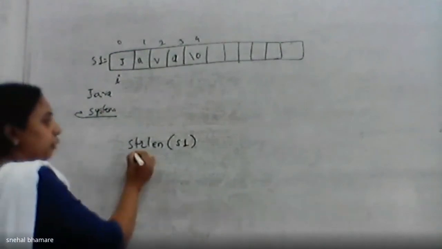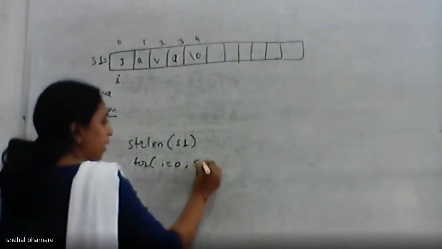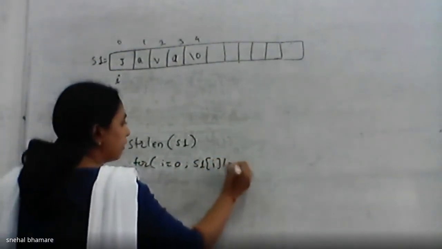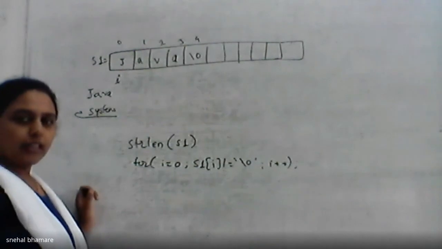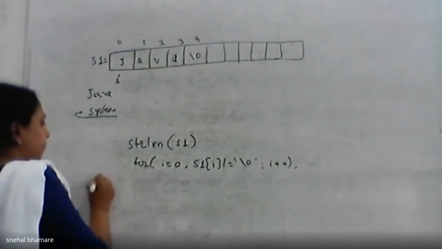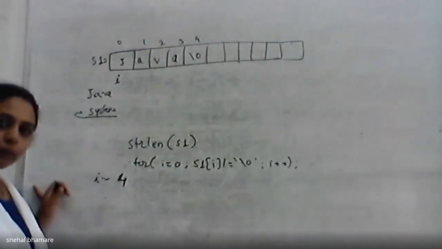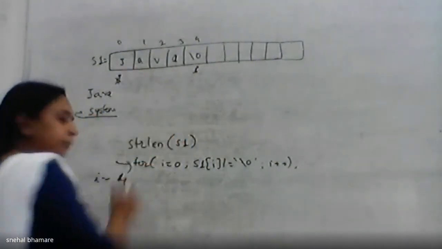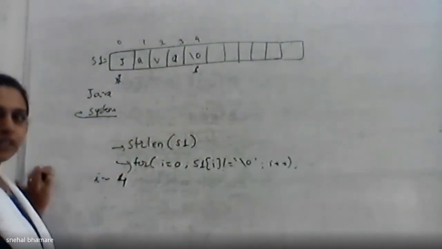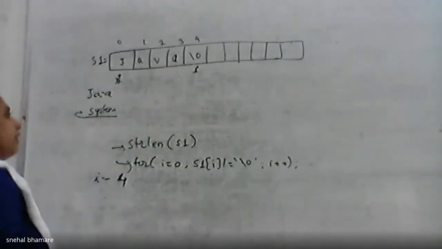So using a for loop: i is equal to 0; s1 of i not equal to \0; i plus plus. This loop terminates and calculates the length of the first string, so i will be pointing to 4, which is nothing but the length of the first string. Once it has reached this location, I will take another variable, j.